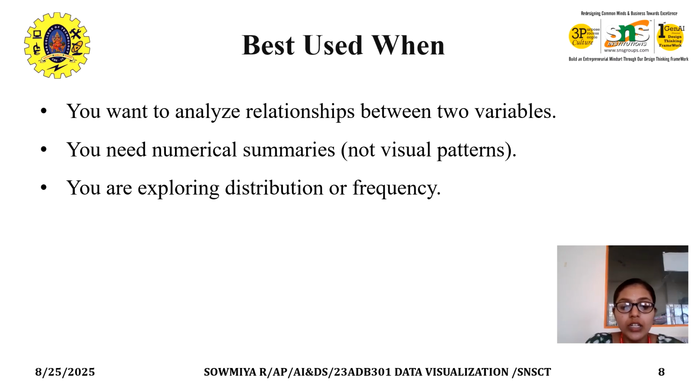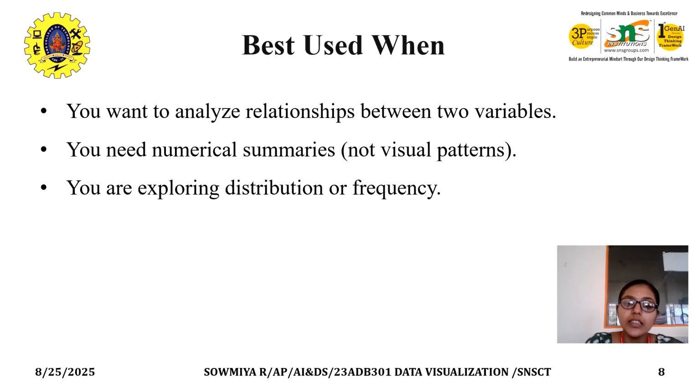In trellis, our focus is our eyes, and it's used for visual comparisons. And in crosstab, our mind, it's used for logical comparisons. In trellis, the best use case is trends over time across the categories, and in crosstab, the relationship between two variables. Trellis is best used for visual storytelling, and crosstab is best for exact analysis.